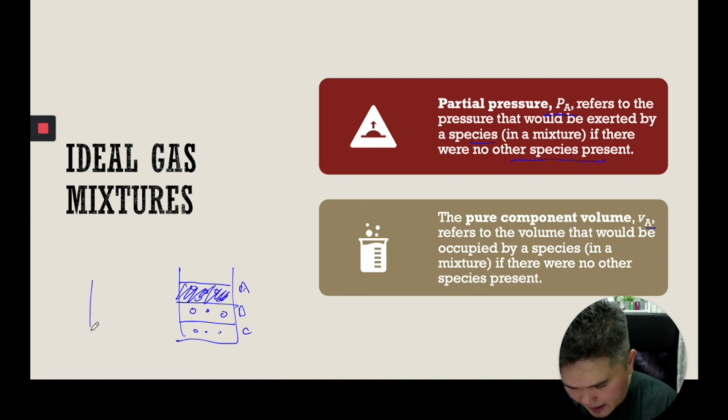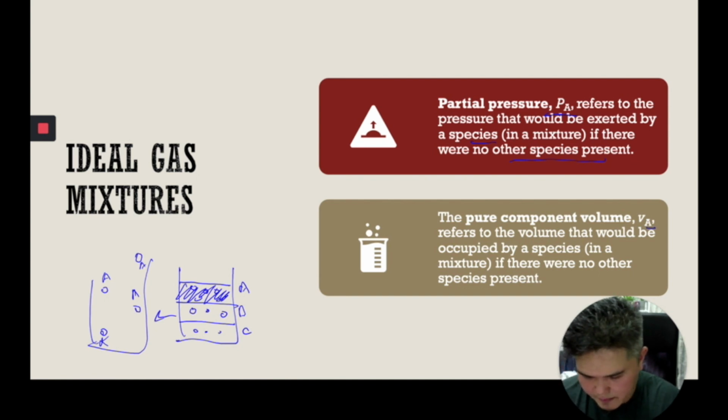But in reality, your A can be here, here, or here. It is simply because the gas moves around very fast. It doesn't stick at one place. This is a pure definition so that you know what partial pressure and pure component volume mean when you are asked later.